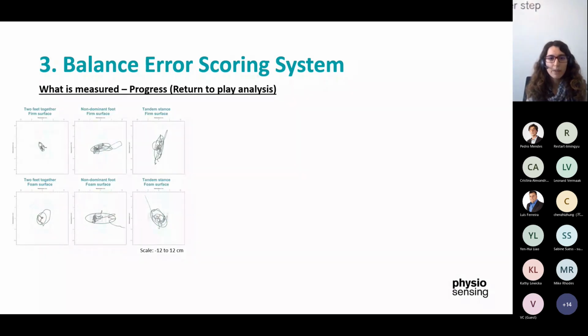We have here an example on the left side with some center of pressure data after a concussion event, in which you can see that the patient has a lot of body sway and even fell here in the last two conditions. And he had 22 errors during this test.